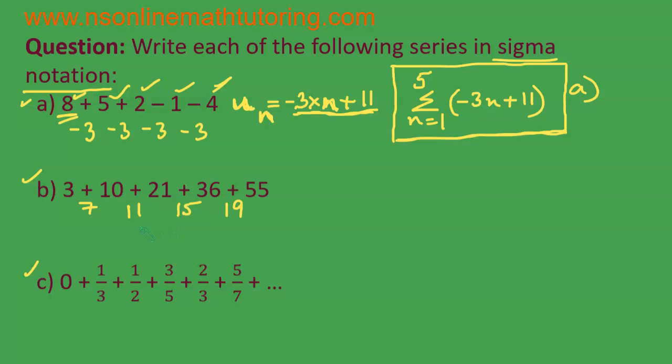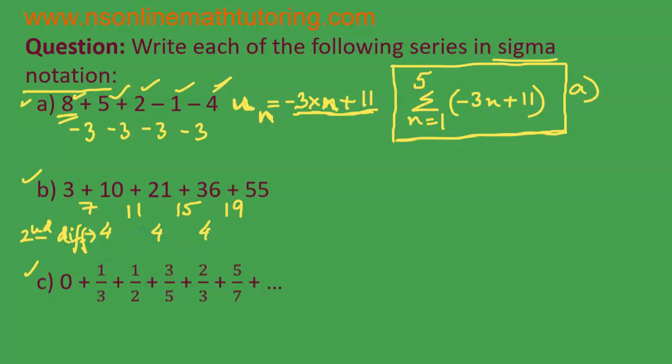But do we have a common difference of these differences? 11 minus 7 is equal to 4. 15 minus 11 is equal to 4. And 19 minus 15 is also equal to 4. This is the second difference. We have seen the first difference is not a constant, but the second difference is a constant.